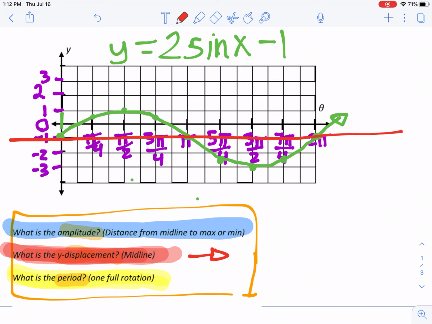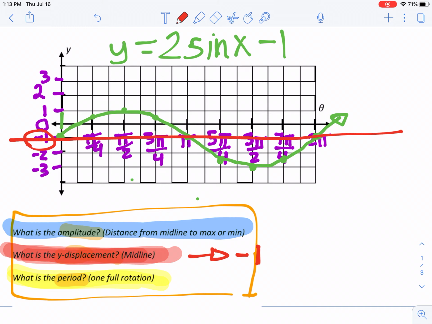And that red line I just drew, I hope you can agree with me, is where we would perfectly slice this horizontally. That right there is our midline. So that red line hits our y-axis at -1, which means our y displacement is -1.